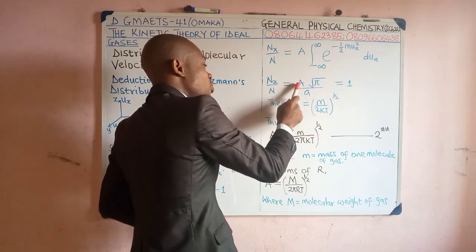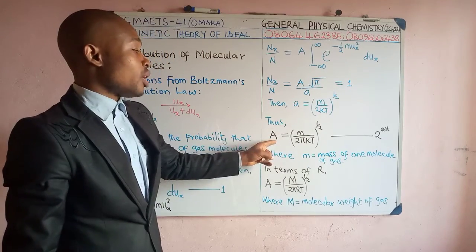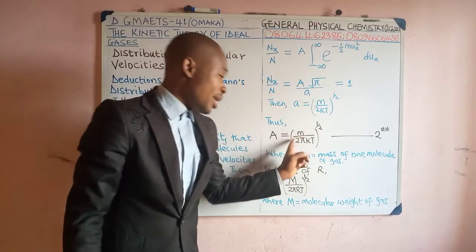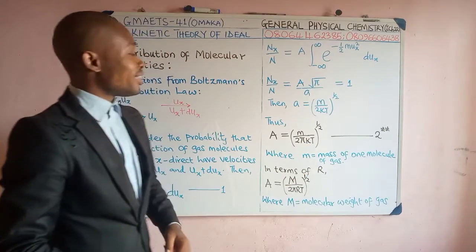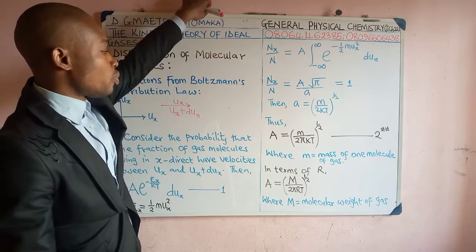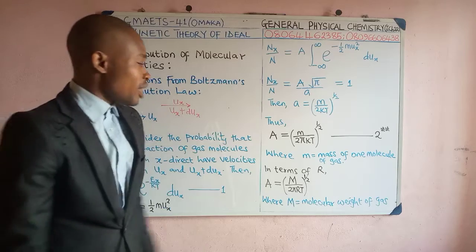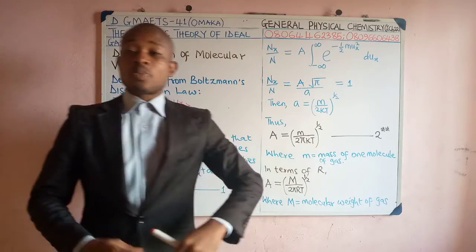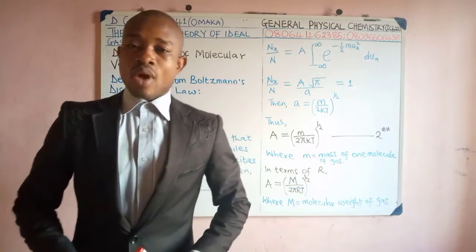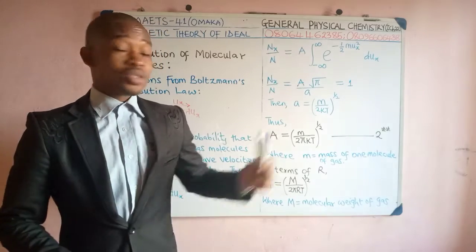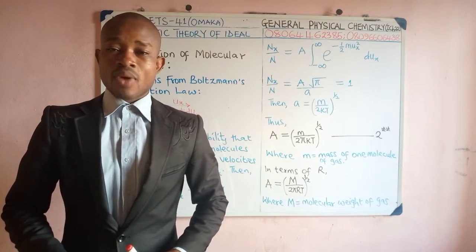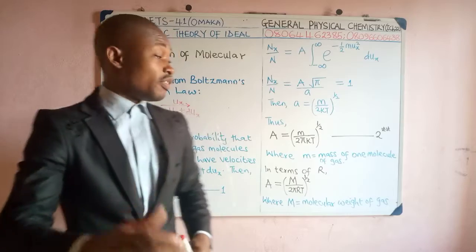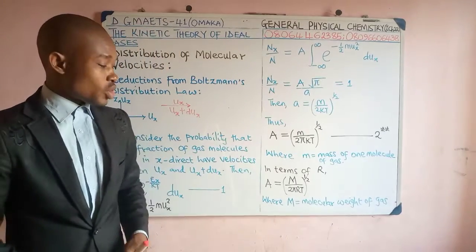Making the pre-exponential factor the subject of the formula, you get the value to be m over 2 pi kT all raised to the power what? 1/2. And this is the value of the pre-exponential factor. Please memorize that equation 2 star, 2 star star. Very, very important. Memorize it, okay? You need to know the value of that pre-exponential factor.